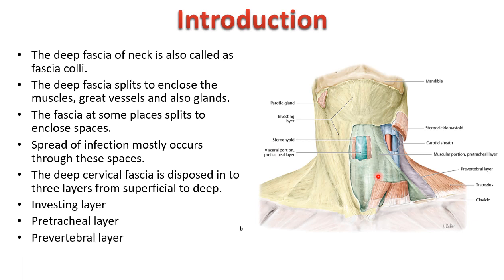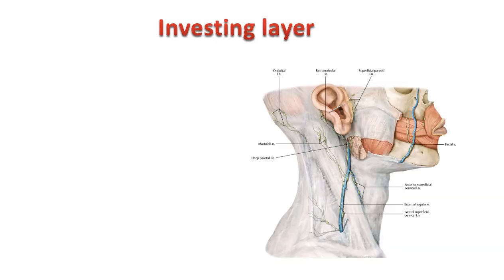Since that fascia covers that part, it is called the prevertebral layer. So the deep cervical fascia is disposed into three layers from superficial to deep: the investing layer, followed by the pretracheal layer, and then the prevertebral layer.